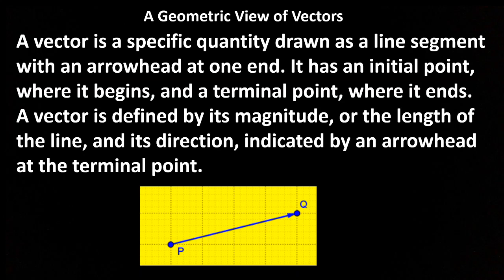So a vector is defined by its magnitude, which is the length of this line segment, and by its direction. The direction is indicated by the arrowhead. So vectors are used to represent quantities that require 2 numbers. For example, velocity. You can have the magnitude of velocity and the direction of it, which direction were you going, 50 miles per hour.